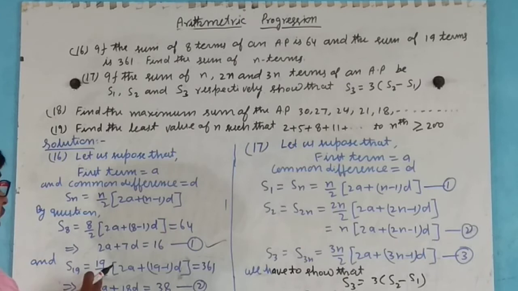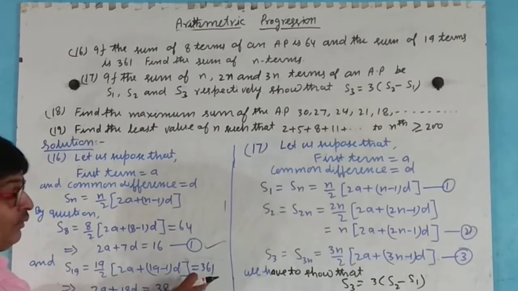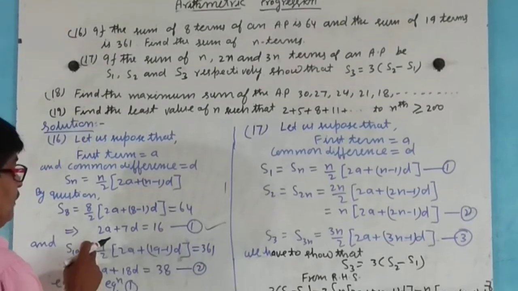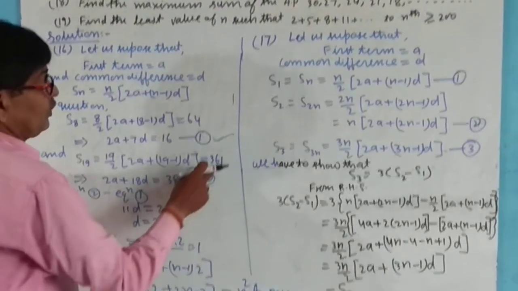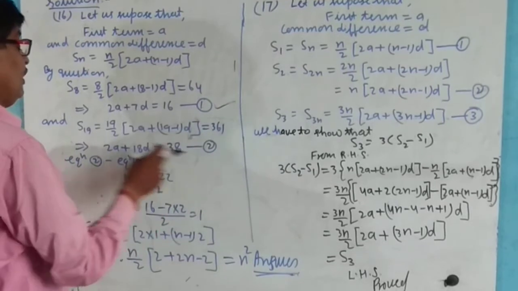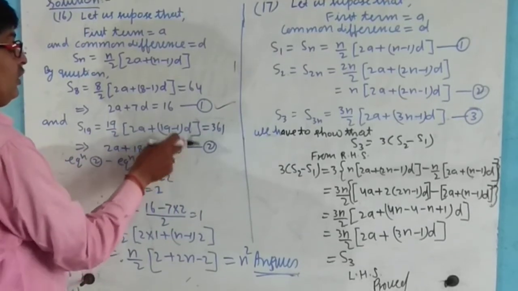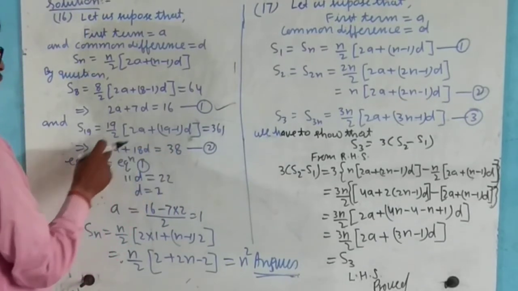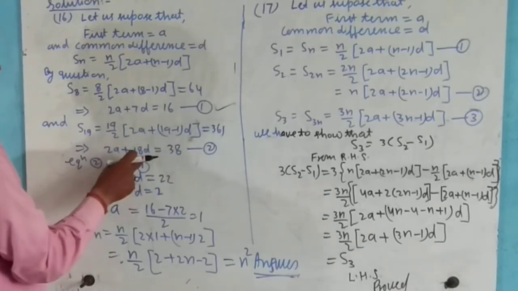Here 19 is divided: dividing 361 by 19 and multiplying by 2, that is equal to 38, so 2a plus 18d equals 38. This is equation 2.